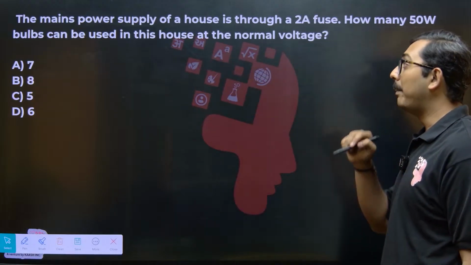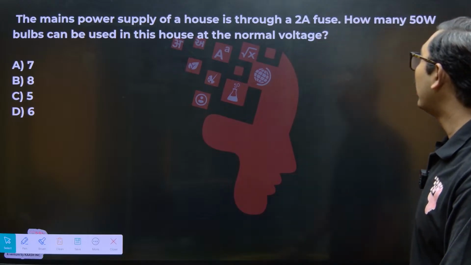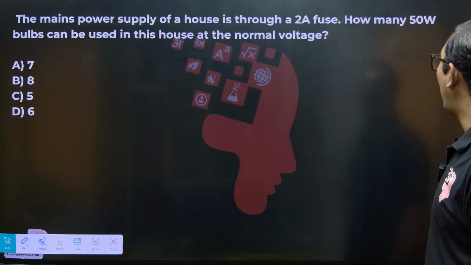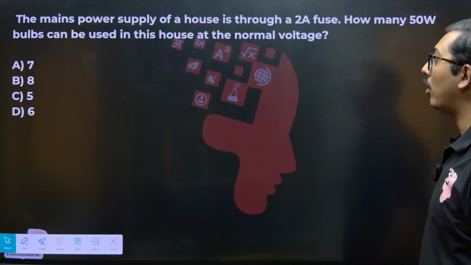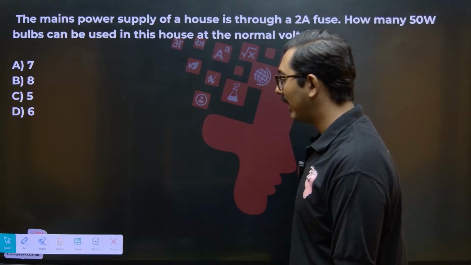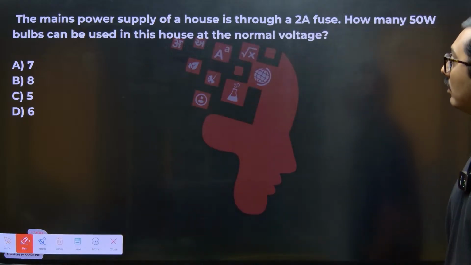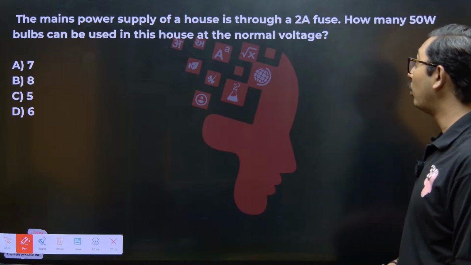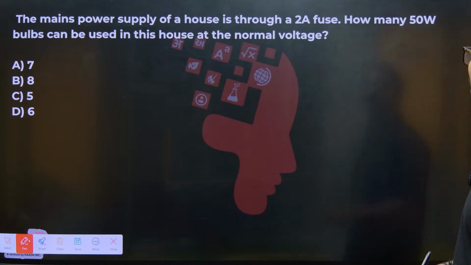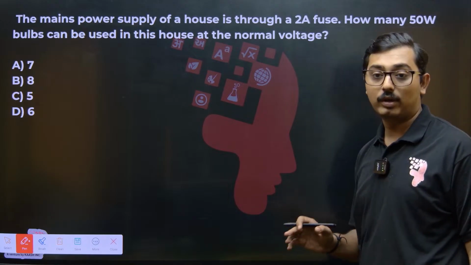Chalo. The mains power supply of a house is through a 2 ampere fuse. How many 50 watt bulbs can be used in this house at the normal voltage?